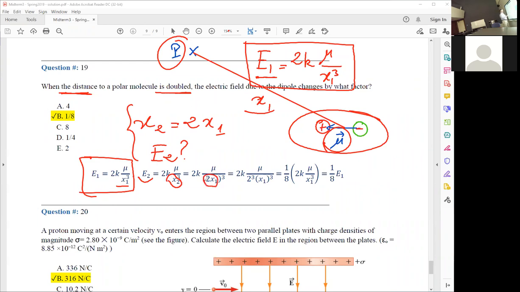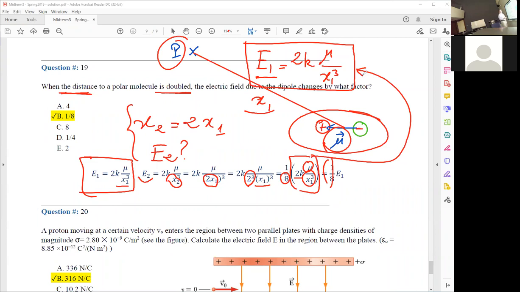I just substitute that. Cubed, you end up with 2 cubed times x1 cubed. Now, 2 cubed is 8, so you end up with a factor of 1 over 8. Of course, the rest you keep as 2kμ over x1 cubed. And all of this is just the expression of the electric field for the point in space at distance x1.